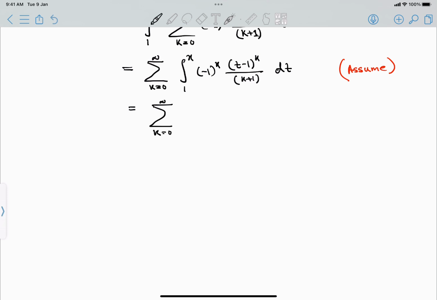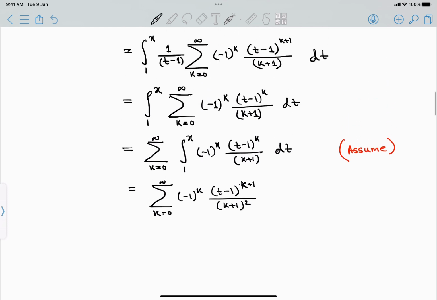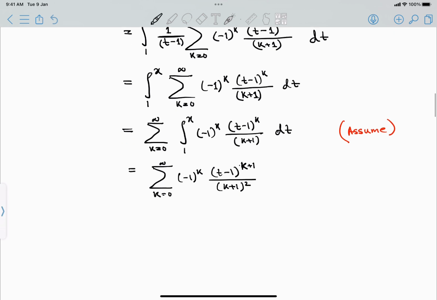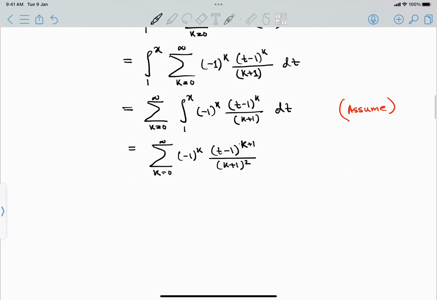The sum over k equals 0 to infinity of minus 1 to the power k, (t minus 1) to the power k plus 1 over (k plus 1) whole squared, evaluated from 1 to x.